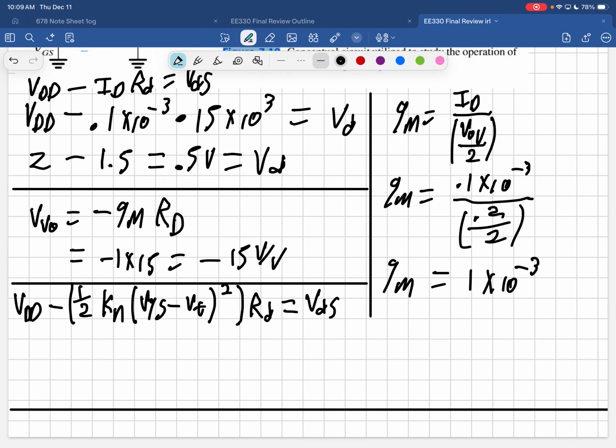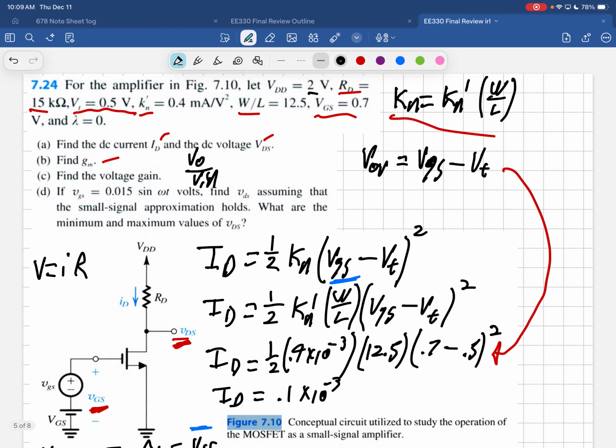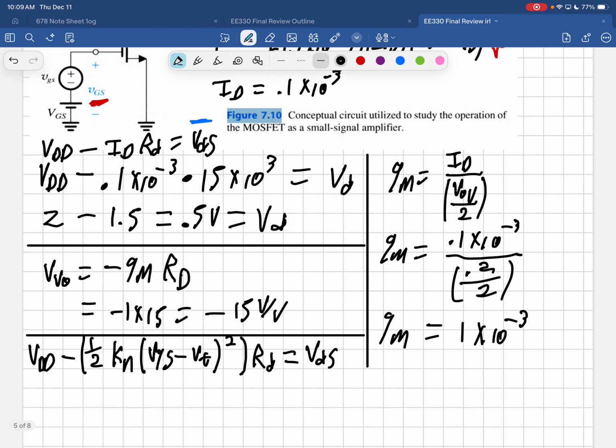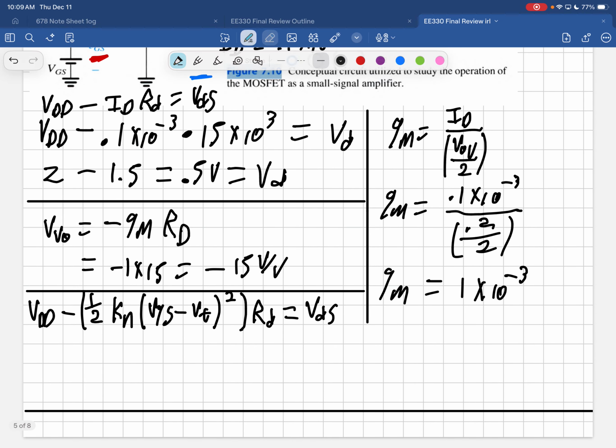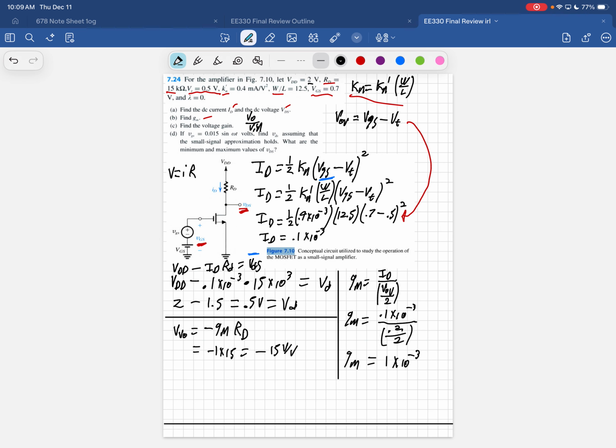Yeah, I think that was in the step for the last one. We could use pi model. Let's do that instead, actually. I think it'll be more applicable for you guys later. And that would only be for small signals.